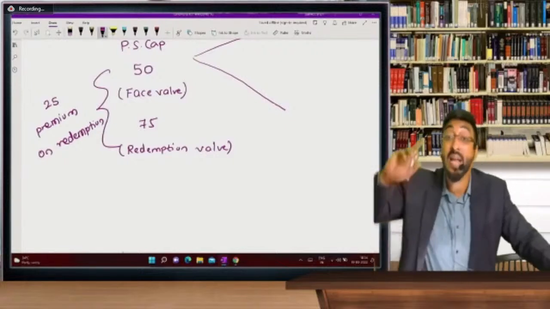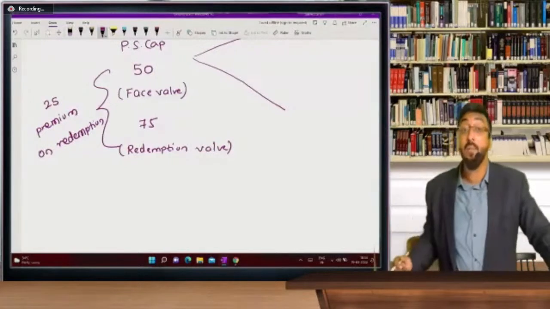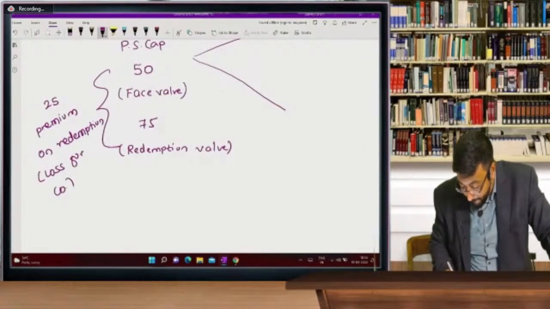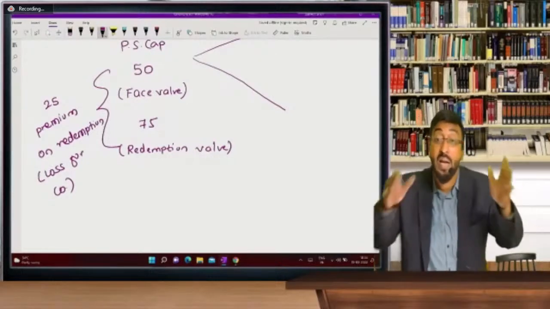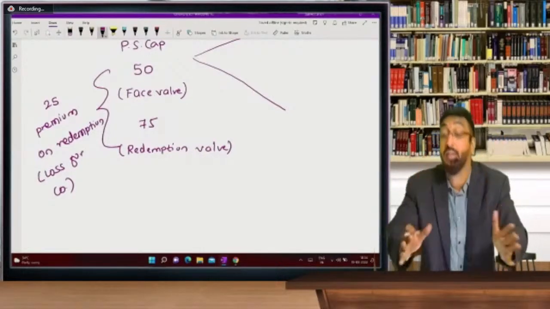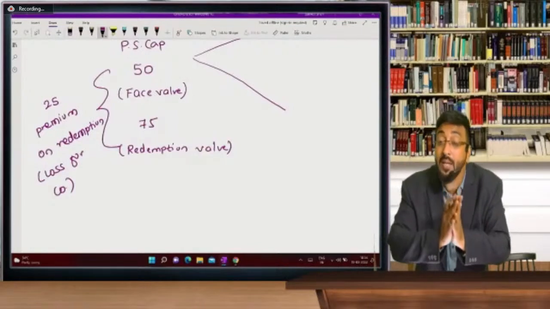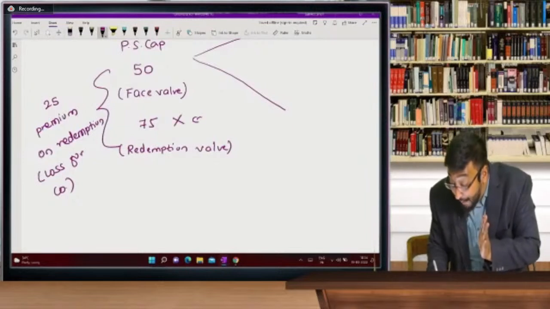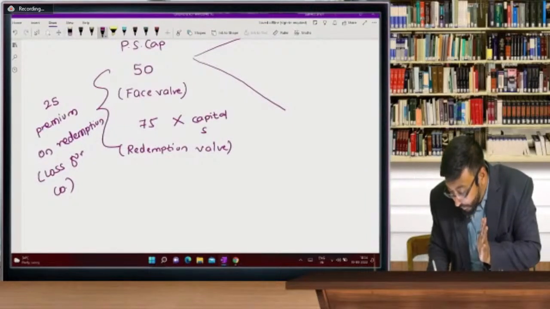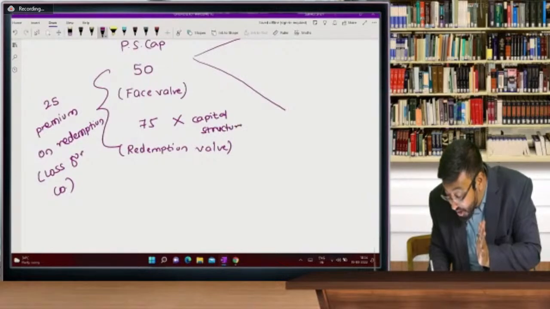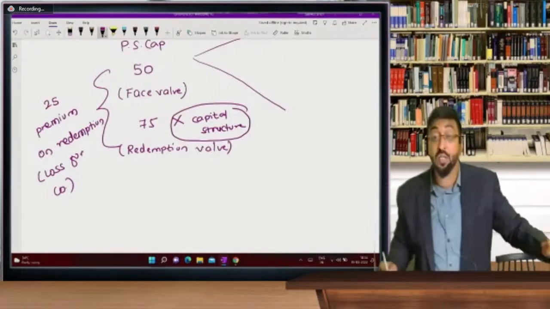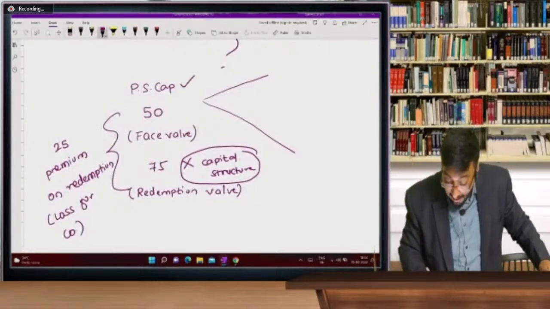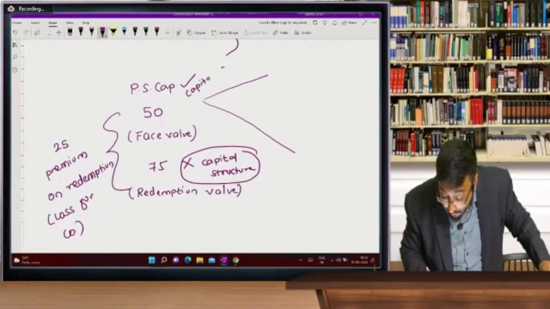This is a loss for the company. But when I'm redeeming this amount of 75, I won't consider it for capital structure. For capital structure, I won't consider redemption value, but while maintaining capital structure, I always consider face value.